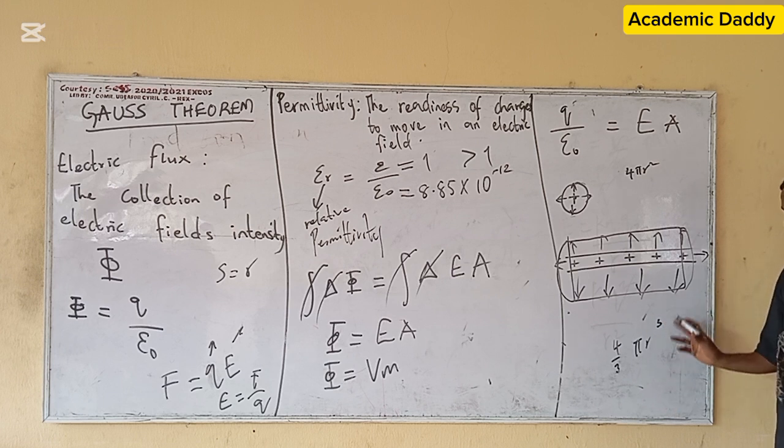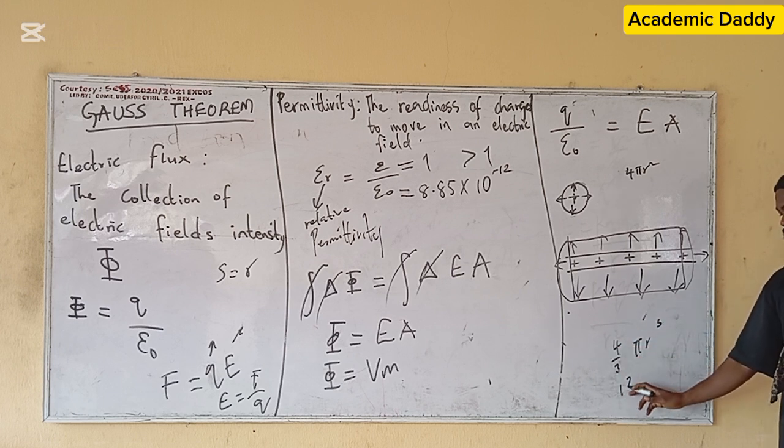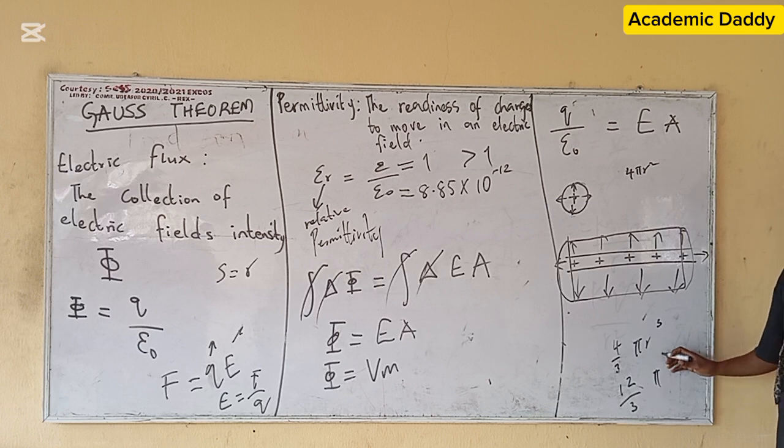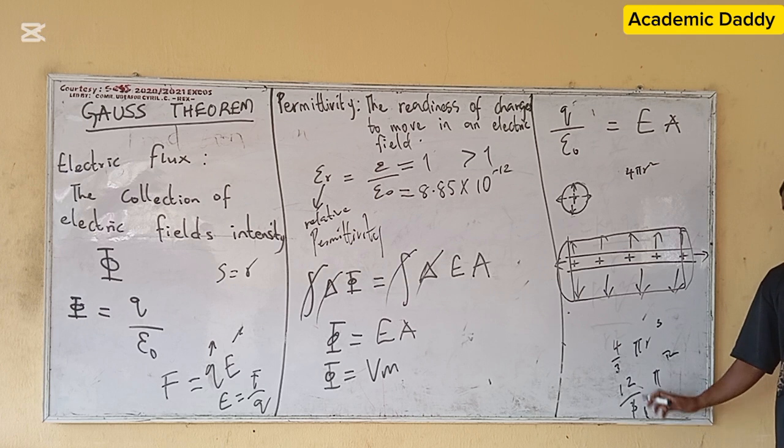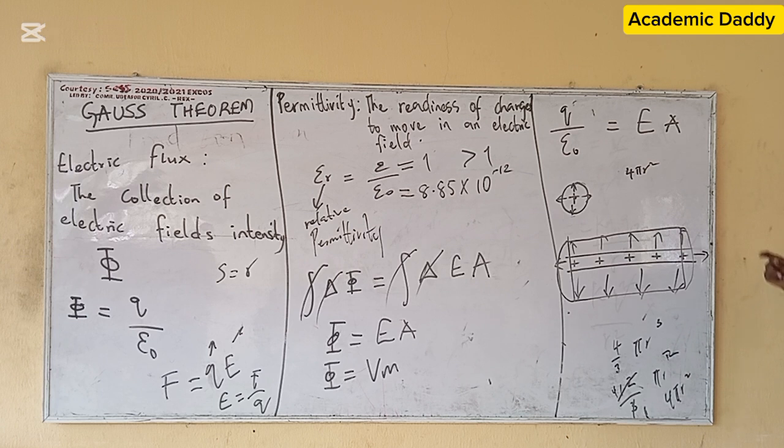So by the time you differentiate it, the 3 comes here, it will be 12 over 3, pi, then 3 minus 1 is 2. So the 3 cancels, and 4 pi r squared, yes. So anytime you differentiate volume, you get area.